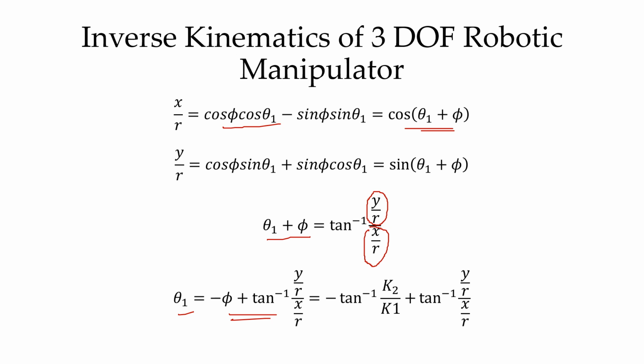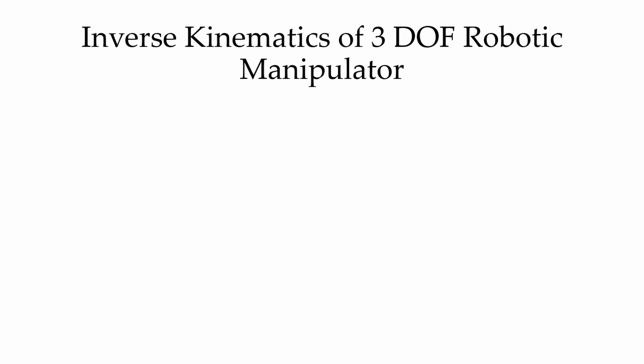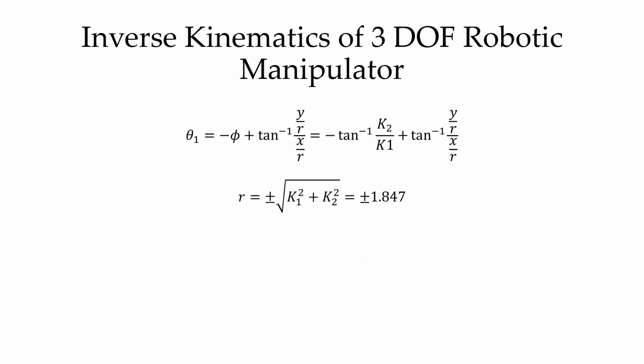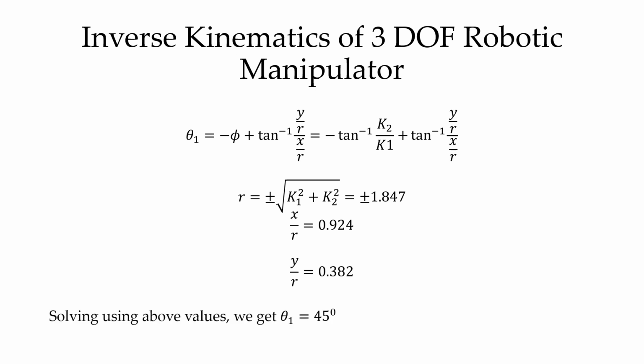Now all we have to do is substitute the values, and after substituting, we will get an expression like this for R. R will be 1.847, x by R will be this much, y by R will be this much, and solving these equations we will get the value of theta 1 as 45 degrees.